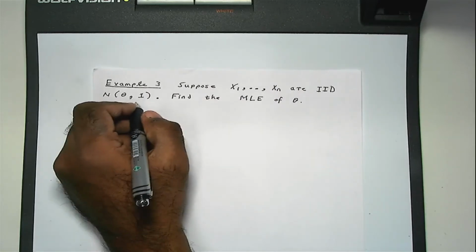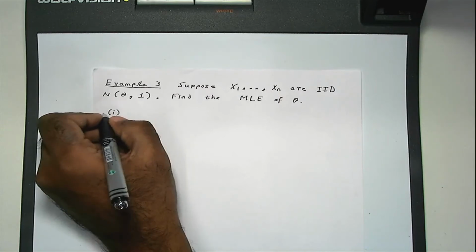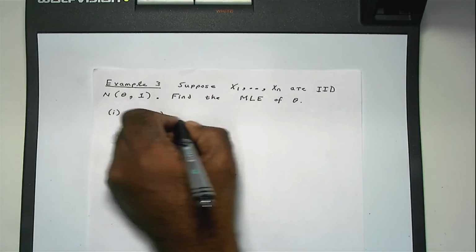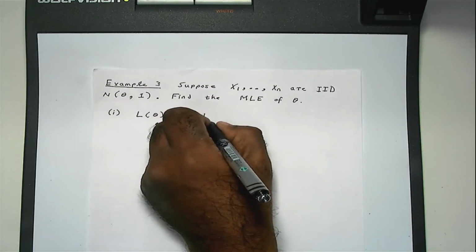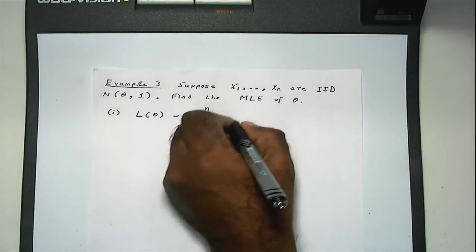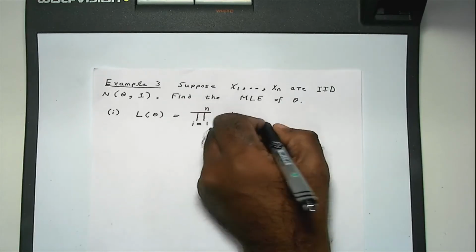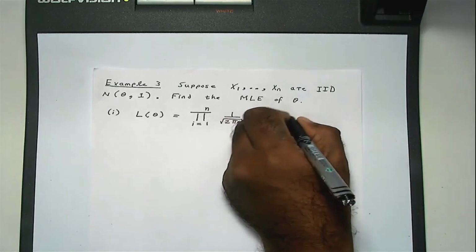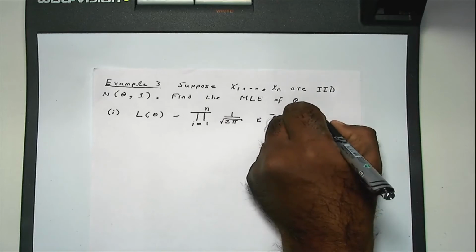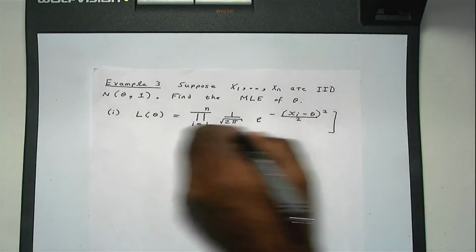So this is a continuous distribution, so we will follow the procedure for the continuous data. So the first thing is to write down the likelihood, which is the product of the density function for the normal, which is this density function.